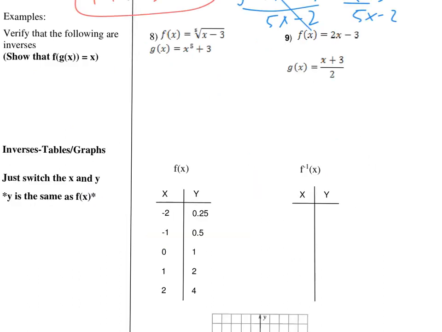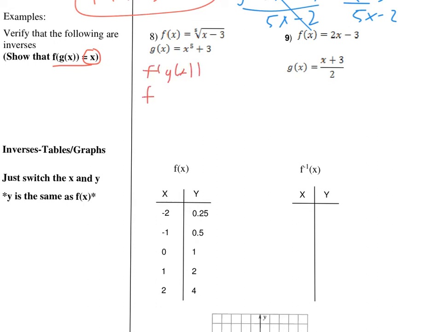All right, next up here, we want to verify that these two are inverses, and the very popular way to verify this is to do the composite function, and if the composite function comes out to just x, they are inverses. So you can plug either one of these into the other. So I'll just go ahead and do f of g of x.